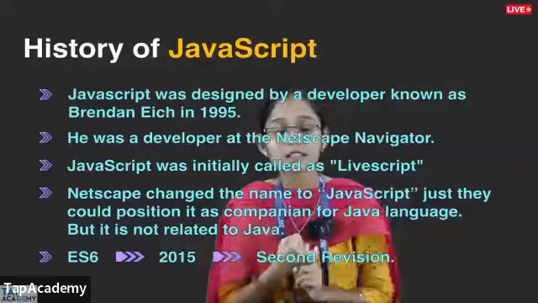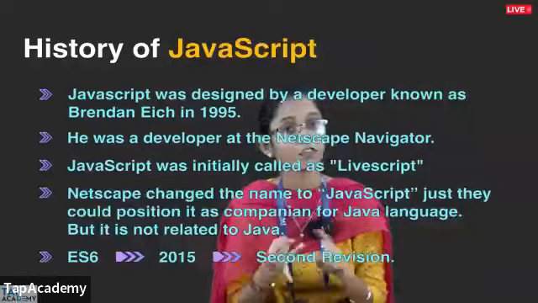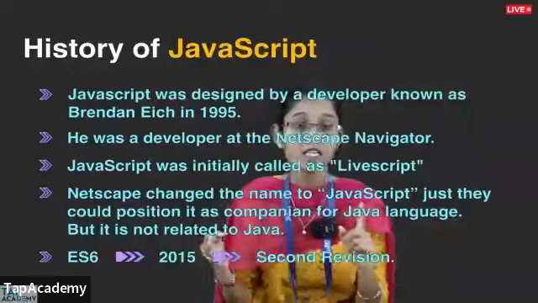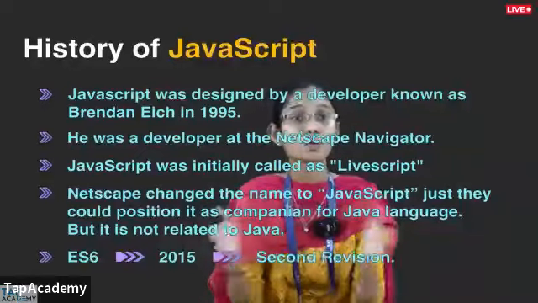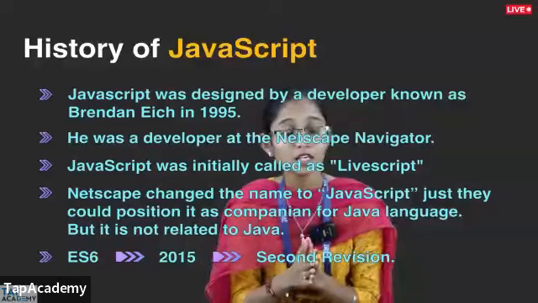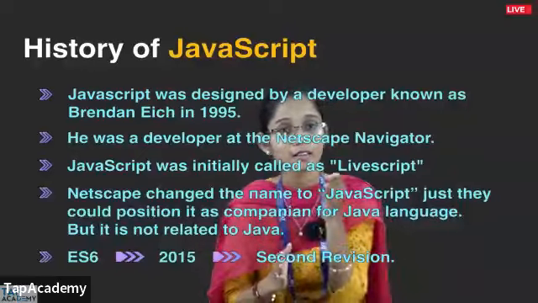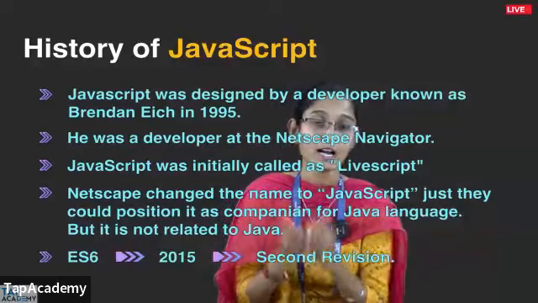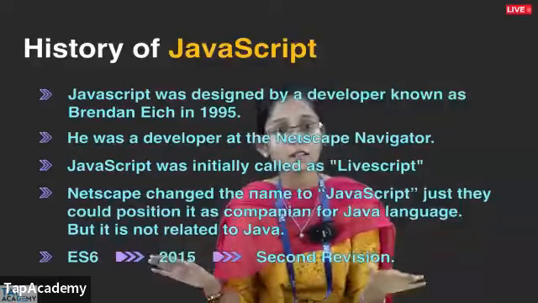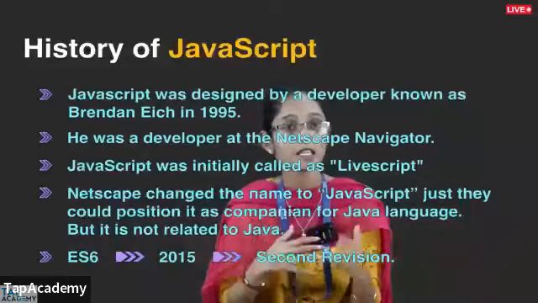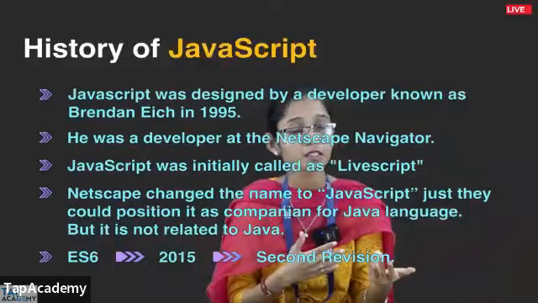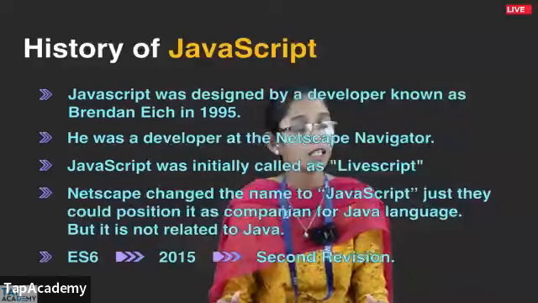Who designed and invented JavaScript, when they invented it, what JavaScript was initially called, whether Java and JavaScript are the same or different, which version you are using, and when that version came. And this is a stable, standard version. So with this, if you're learning, any upgrades that come, you can easily implement.